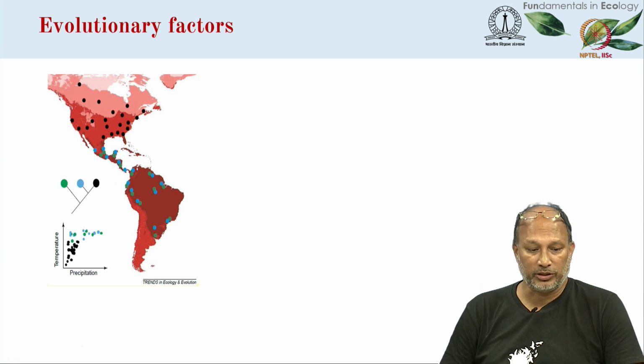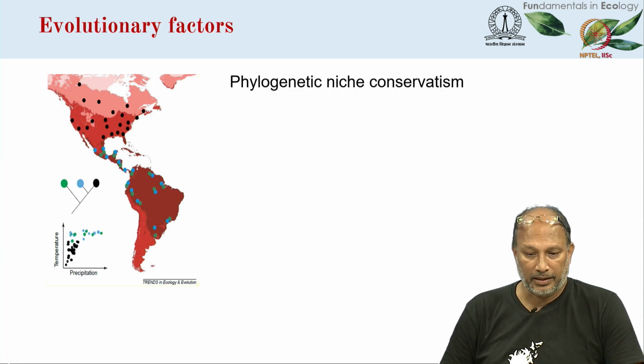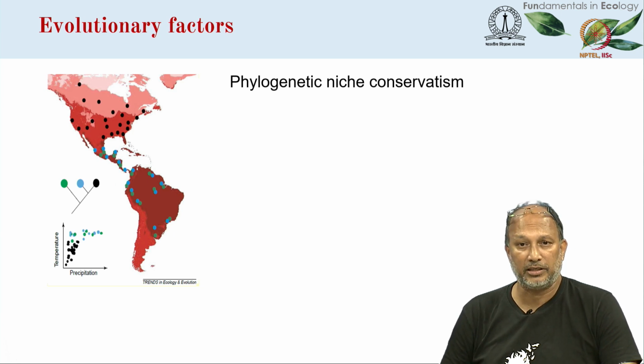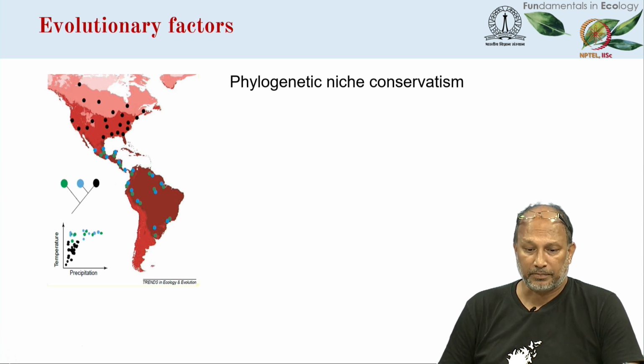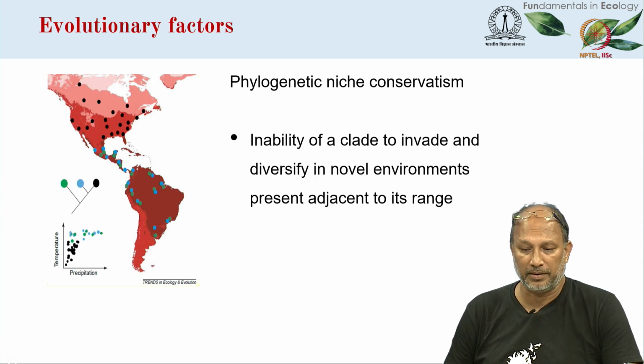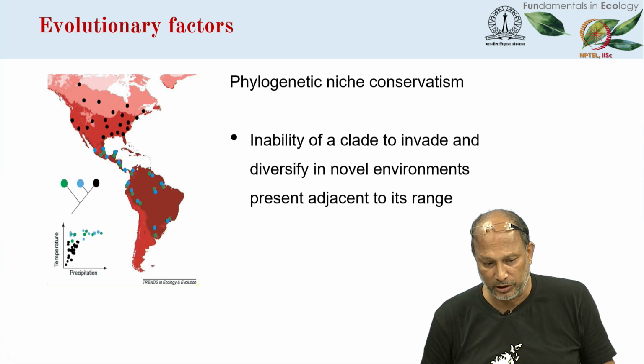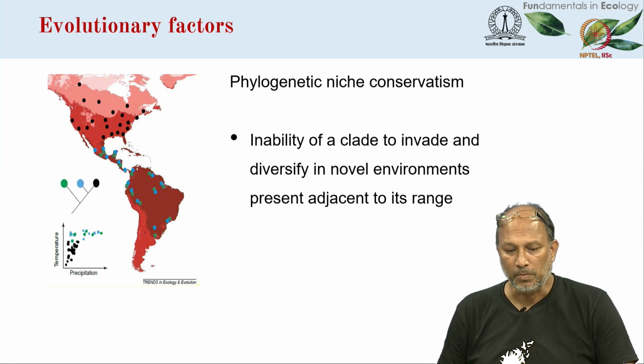Finally, we come to evolutionary factors, and some of the interesting patterns that have been seen in nature, and the underlying processes are explained by hypotheses such as the phylogenetic niche conservatism hypothesis that was proposed a couple of decades ago.